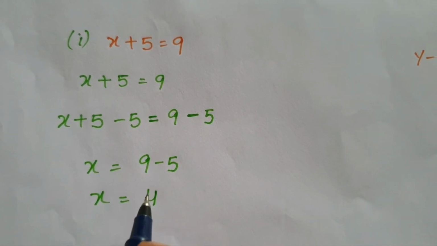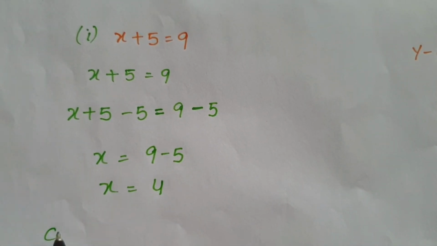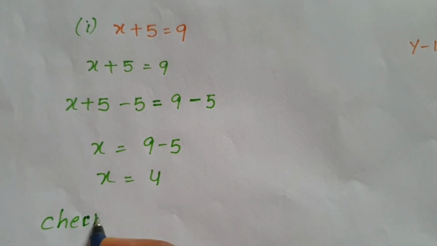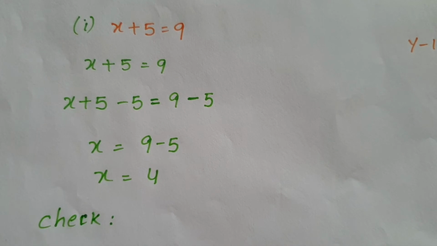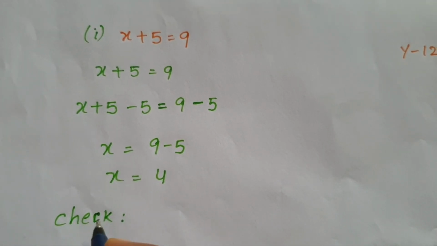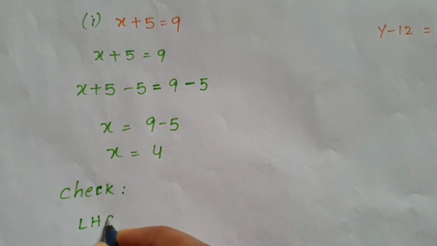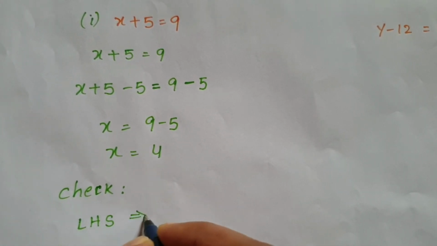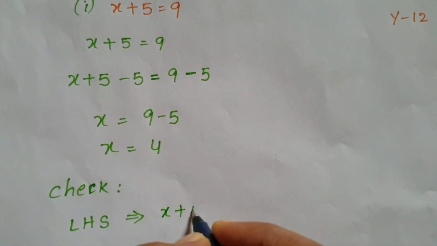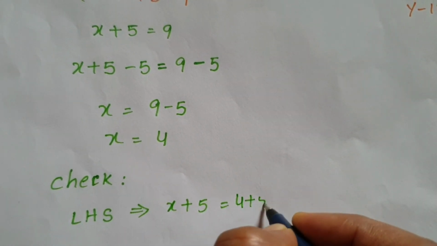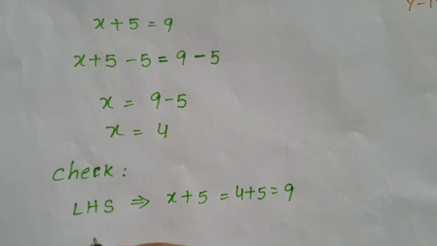So this is the x value, and they are asking to verify. Check. Verify means LHS equal to RHS. LHS: x plus 5 equal to, x value 4, 4 plus 5 equal to 9.